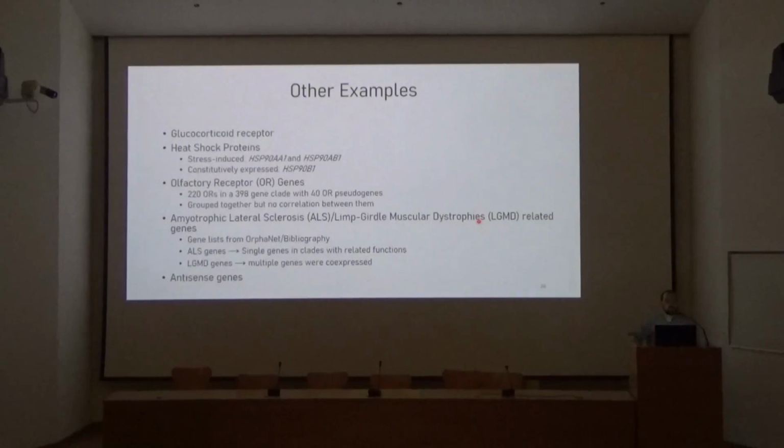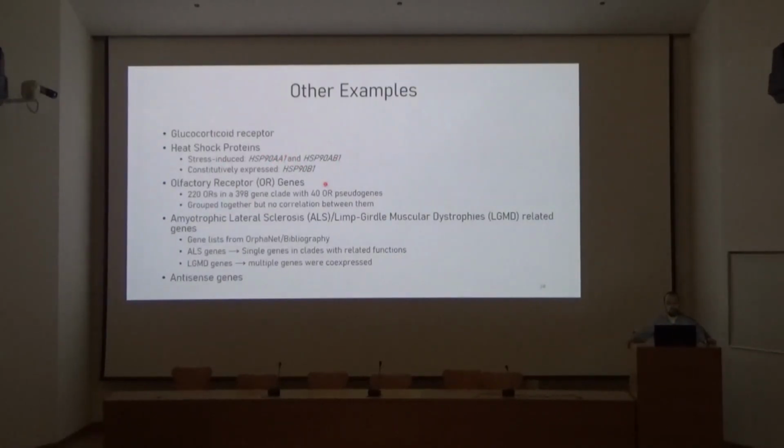Some other examples that we tested in HGCA2 include the glucocorticoid receptor, where we found co-expressed genes that relate to its function. We also tested heat shock proteins, both stress-induced, HSP90AA and its parallel.